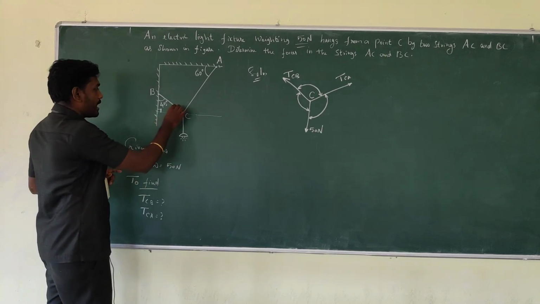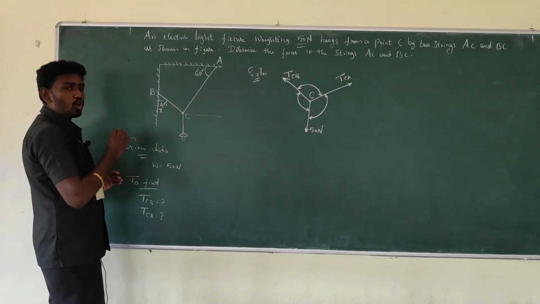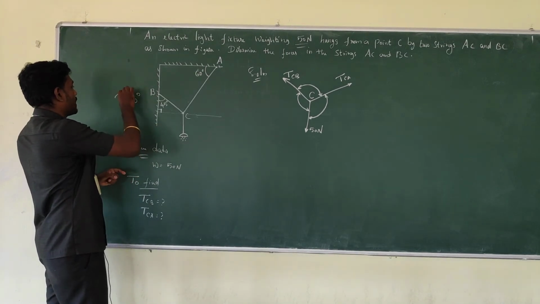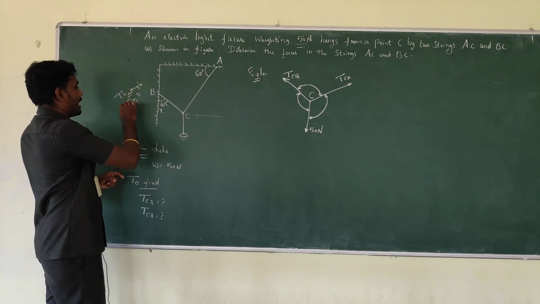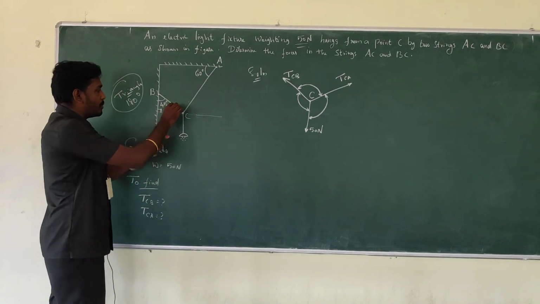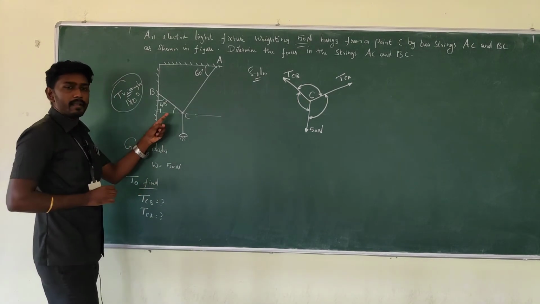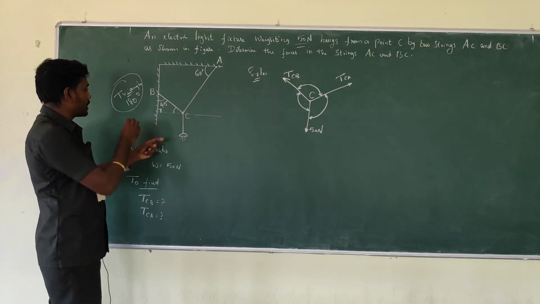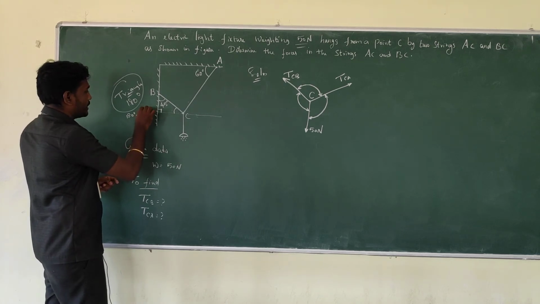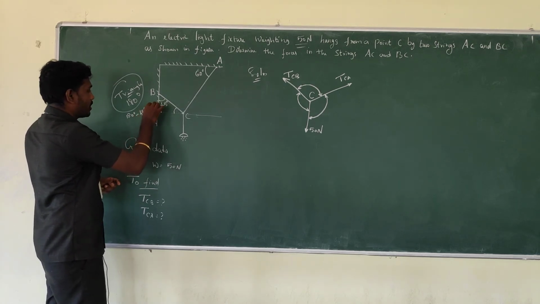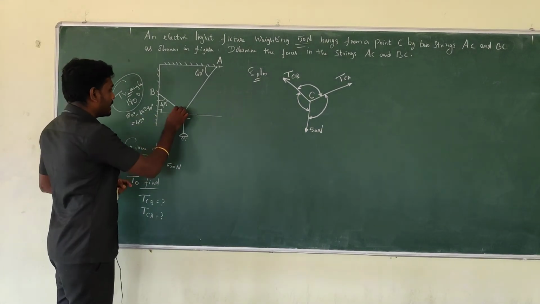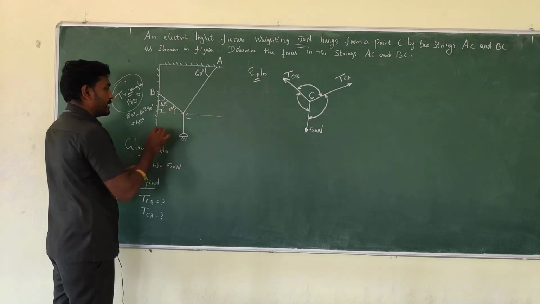And we are familiar that the total angle of a triangle is 180 degrees. So what would this angle be? If you put 180 degrees minus 45 degrees minus 90, you get 45. So this angle is 45 degrees.